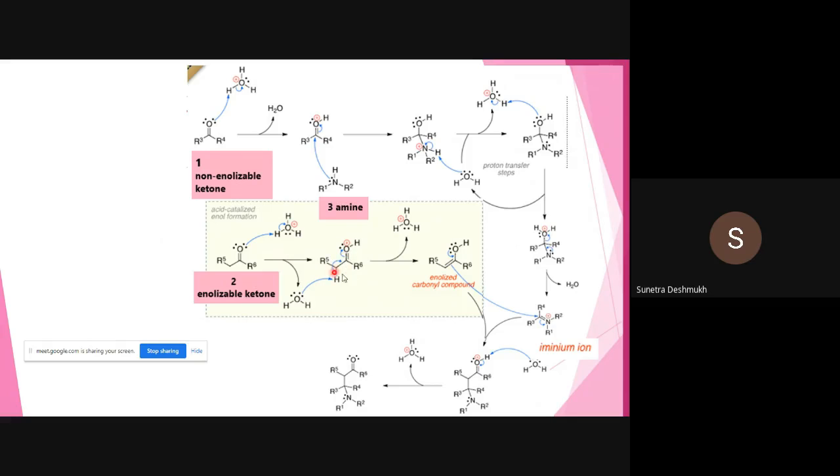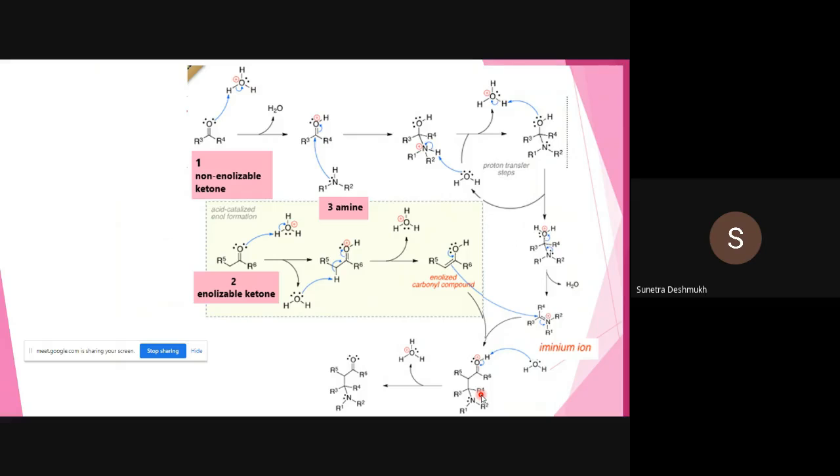So this intermediate is highly acidic, and the water can abstract the proton to generate the enol, or we can say the carbanion. This carbanion, or enolate, acts as a nucleophile and attacks the iminium ion, or Schiff base, to generate this type of intermediate.